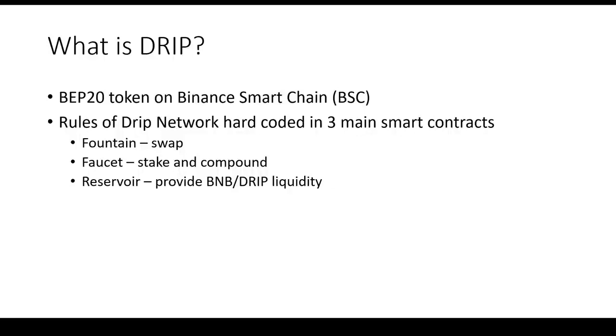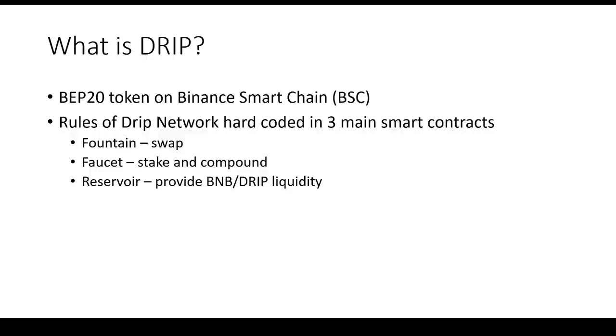So the 3 main contracts are the Fountain contract. This is where you can swap BNB for Drip and vice versa. There is the Faucet contract, which I'll be talking about mostly in this video. The Faucet contract is where you can stake your Drip tokens and compound your Drip tokens.